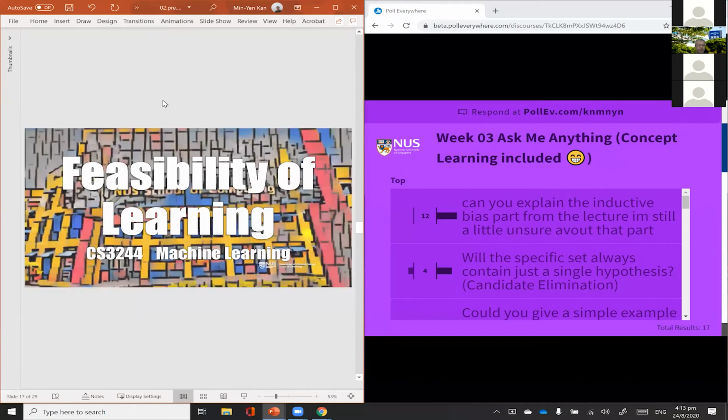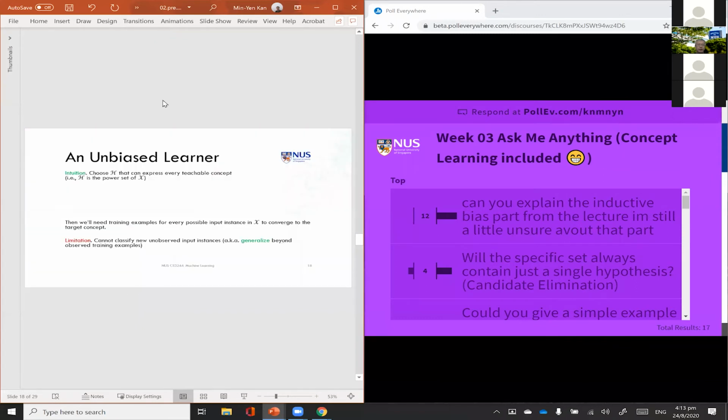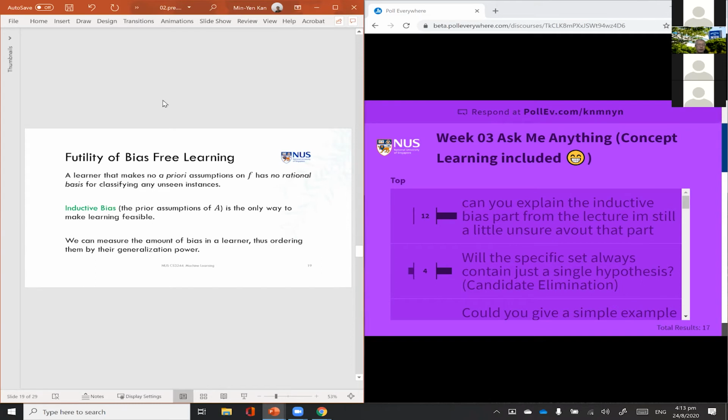So I think we'll just talk a little bit about the feasibility of learning, because that was something else that you had a question about. We talked about this idea that learning by itself, without making any a priori assumptions, is not going to work. Because when you get a test instance, whatever that test instance is, it could be a positive instance or it could be a negative instance.